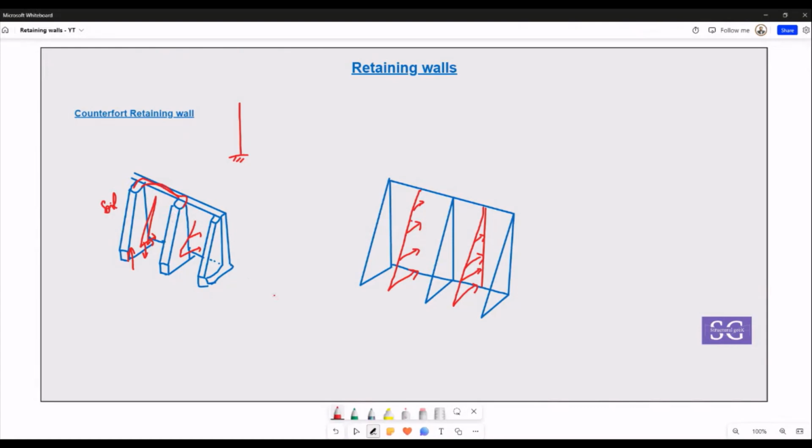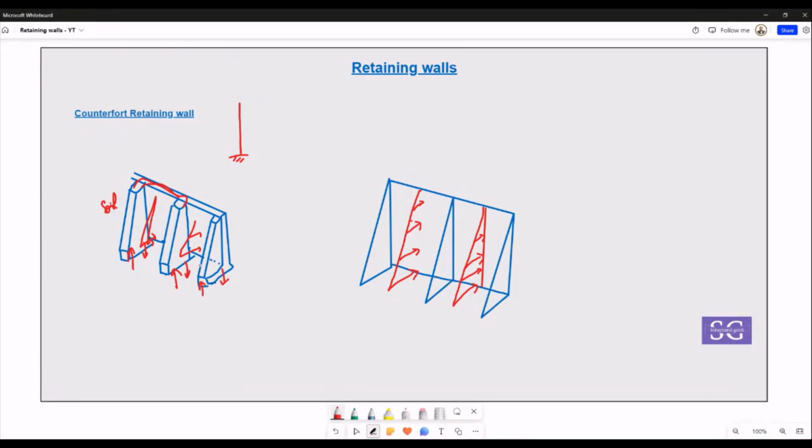The idea you need to understand here is that the entire wall is getting earth pressure, water pressure, and all the horizontal load, and that horizontal load is basically taken by the counterfort as a push-pull action, as an in-plane load. That's the fundamental difference.